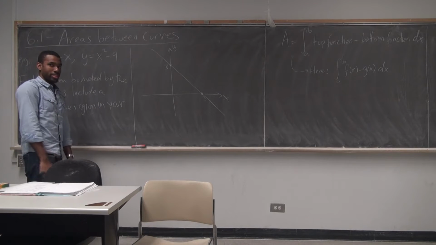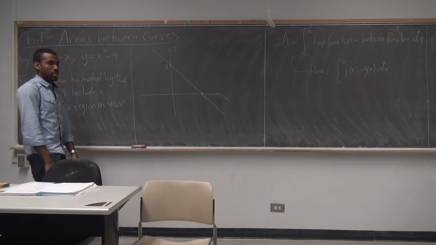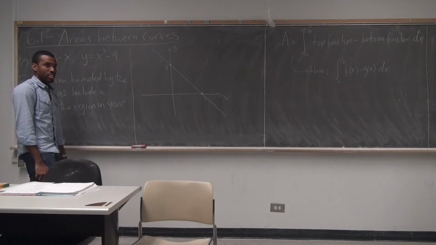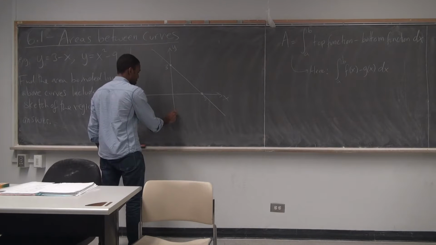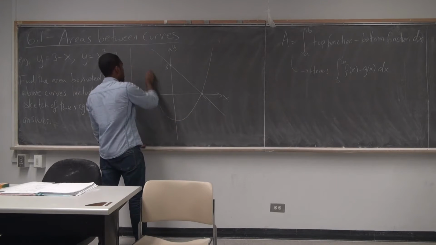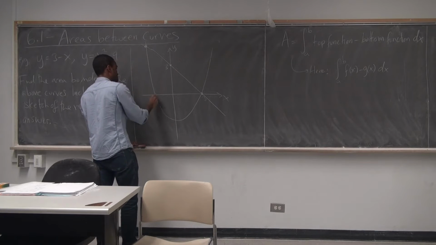What does it look like? The y-intercept is minus 9, since it's x squared minus 9. It's going to intersect here. What's this point? Negative 3.